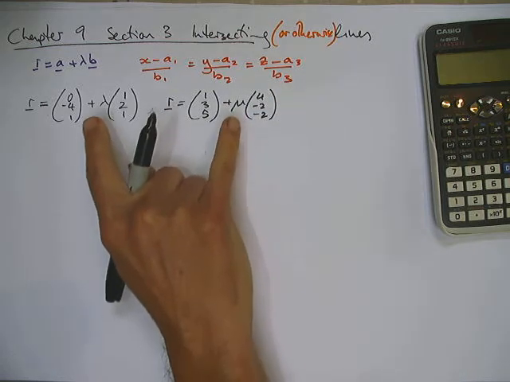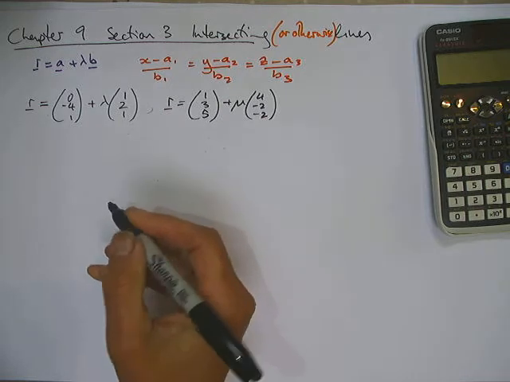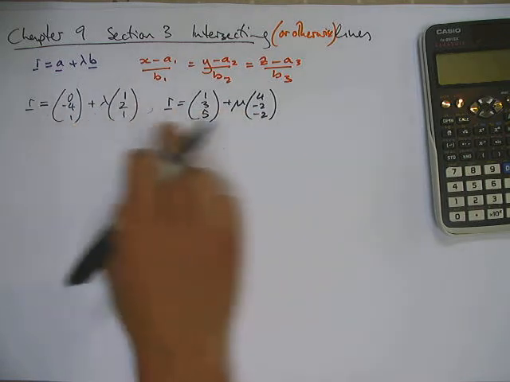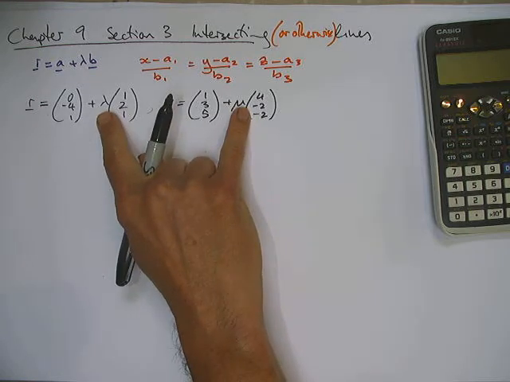Notice it's good if you've got 2 lines to use 2 different letters, or symbols, for the scalar multiple. They intersect if we can find values of lambda and mu which make those equal.